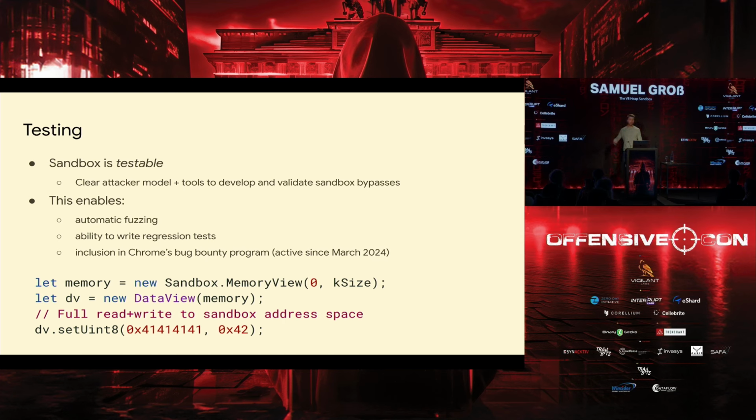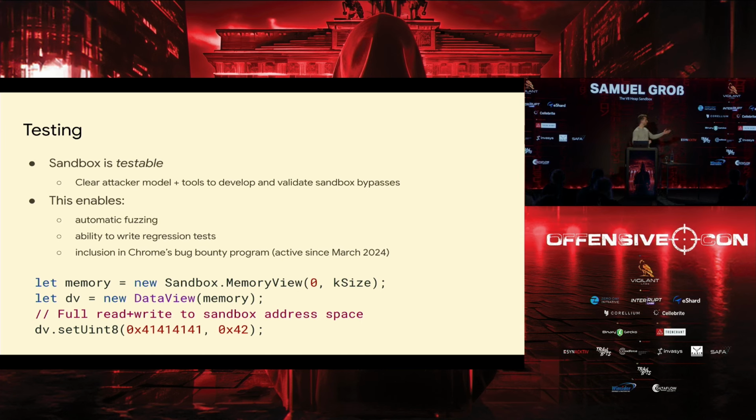This requires us to have a clear definition of what's a bypass and how you can actually develop such a bypass. What you see at the bottom here is what we call our memory corruption API. You can turn on this API and it gives you the ability to read and write all of the sandbox memory.